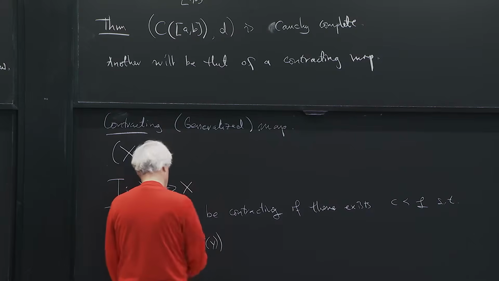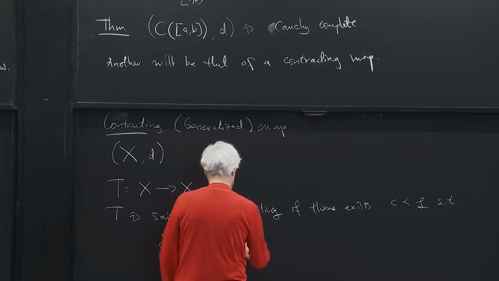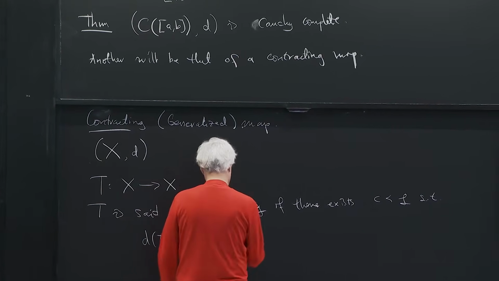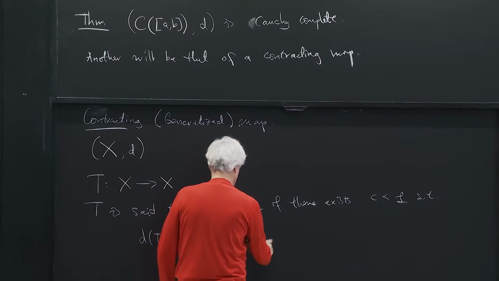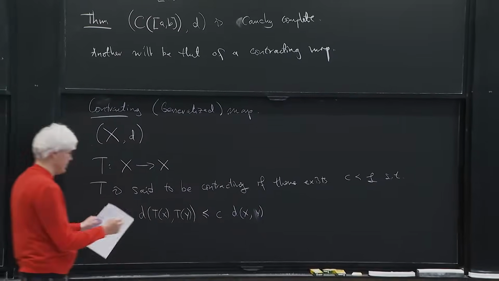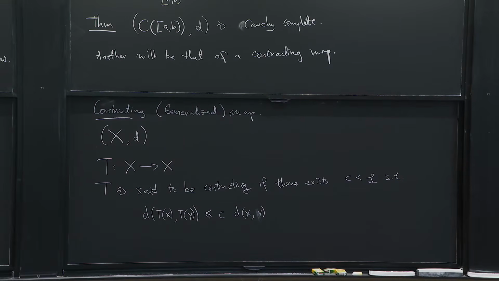So this distance between the images under the map is less than or equal to this constant that is less than 1 times the distance before you apply the map. Right, so this means that under the map, things get closer together. So that's a contracting map.